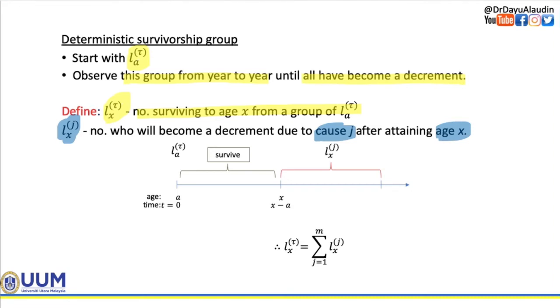We start with l_a^τ, and here is l_x^(j), who still survive due to cause j. So l_x^τ is the summation of all the l_x^(j) from j equal to 1 until m causes.